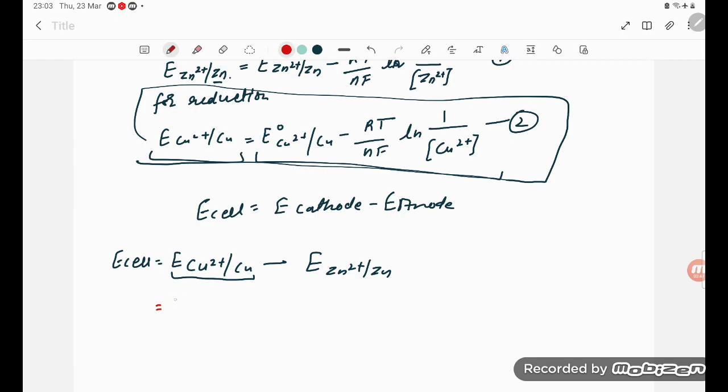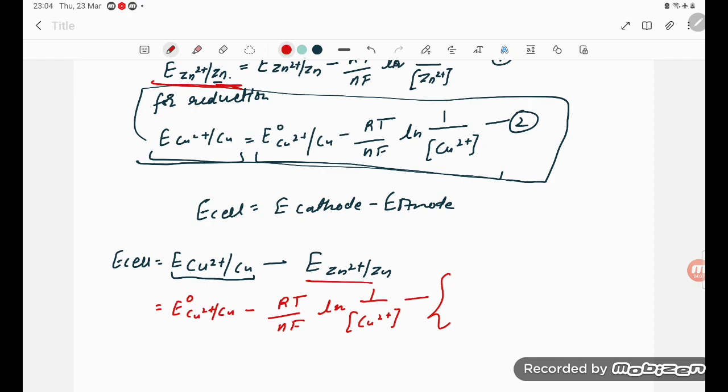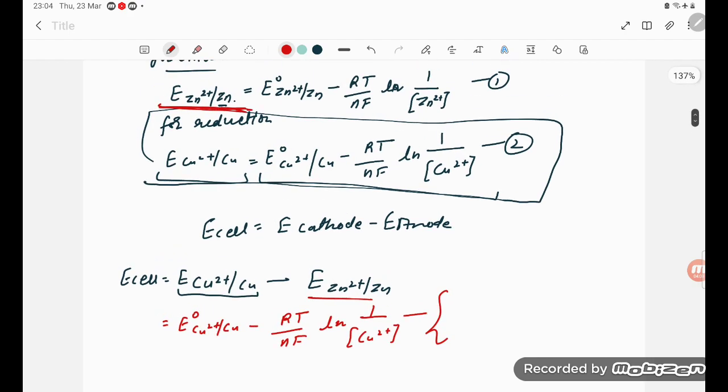So let us write what this one is. E naught Cu2+/Cu minus RT upon nF, here ln 1 upon Cu2+, minus the anode value, the upper one. So how can you write it?